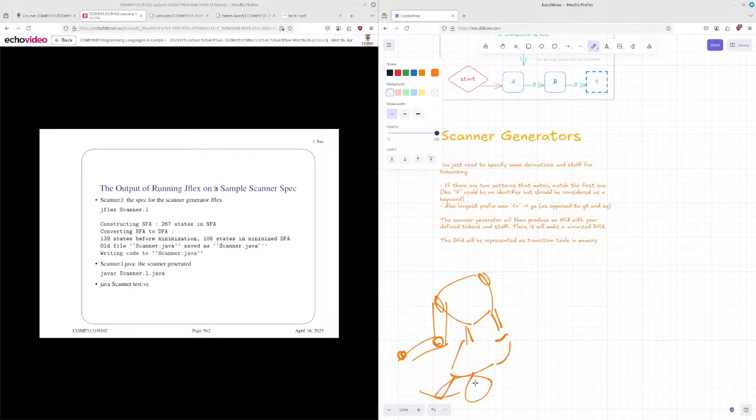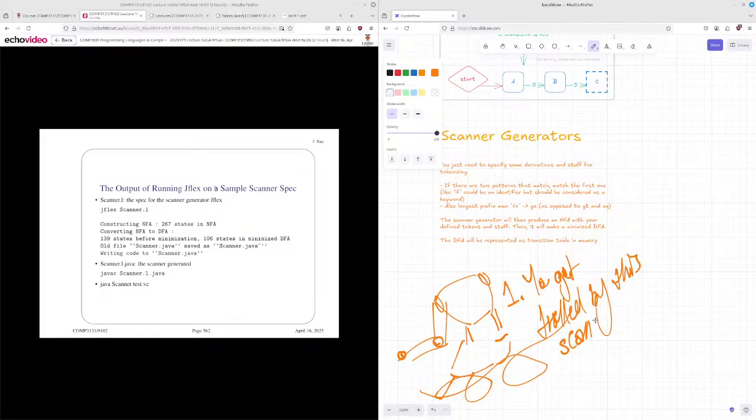Do you have any questions? My idea here is just to explain to you, number one, how the theory behind regular expressions and DFAs can be utilized for you to understand how to use a scanner generator and also how to write a scanner generator. Because in many universities, a scanner generator is typically used as a final year project. It's like a thesis. The idea is not to re-implement a scanner generator that's already available in the public domain.